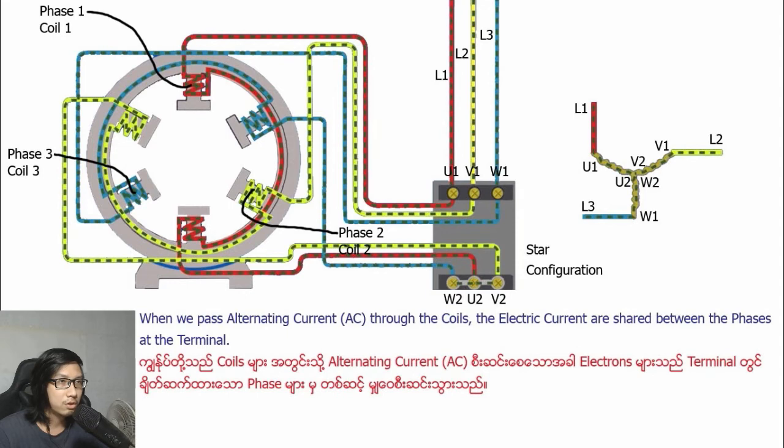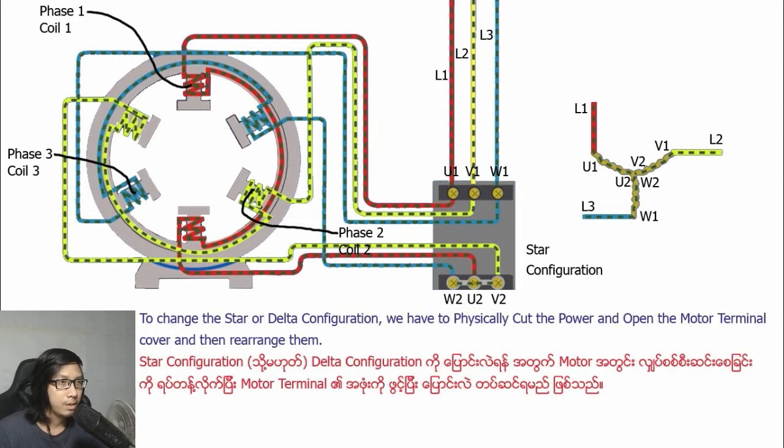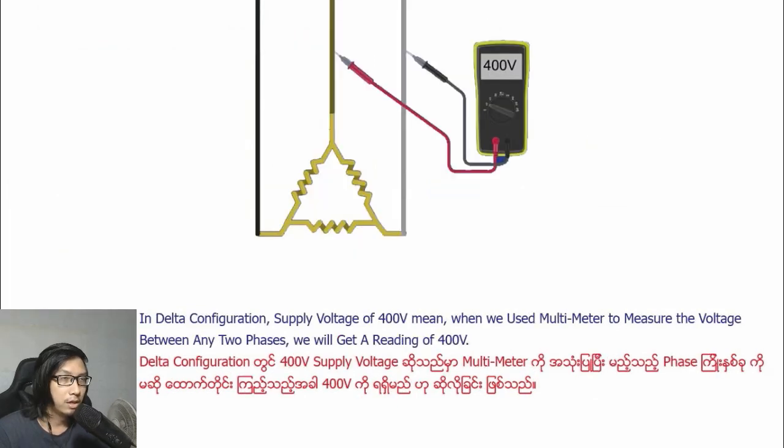When we pass alternating current AC through the coils, the electric current is shared between the phases at the terminal. To change the star or delta configuration, we have to physically cut the power and open the motor terminal cover and then rearrange them.